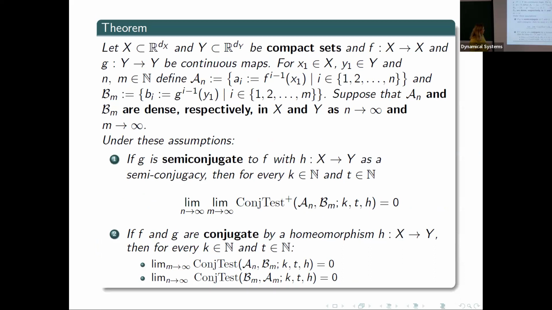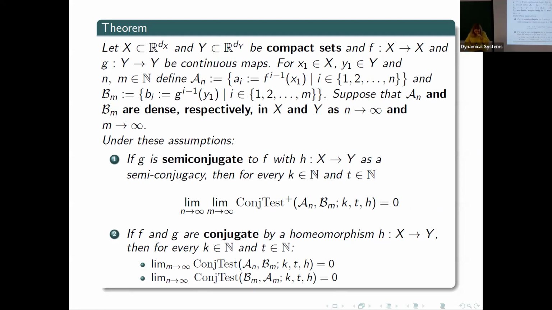So of course, immediately we also obtain this assertion 2 here. If we know that systems are in fact conjugate, and if this first space is also compact and sampled along a dense trajectory.